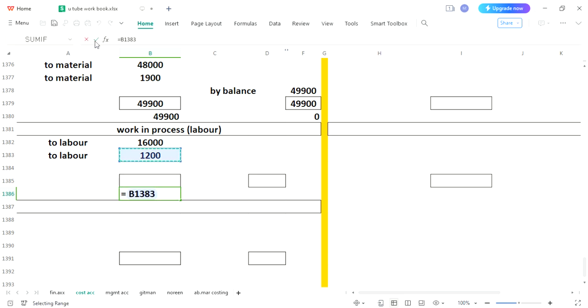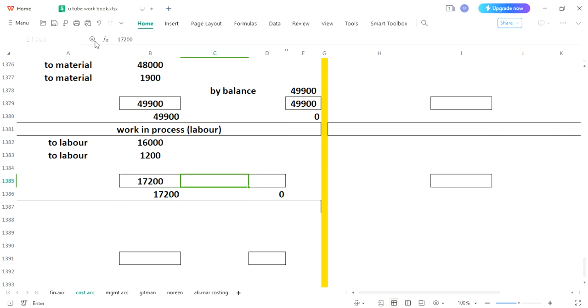The sum of the debit side is 17,200. The sum of the credit side would be 0 as nothing is present on the credit side. Second step is to see the larger sum, which is 17,200. We will put this larger sum on the total of both sides, here 17,200 on the debit side and the same total on the credit side.